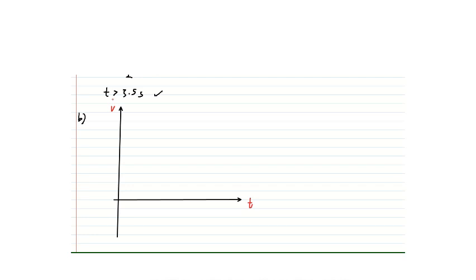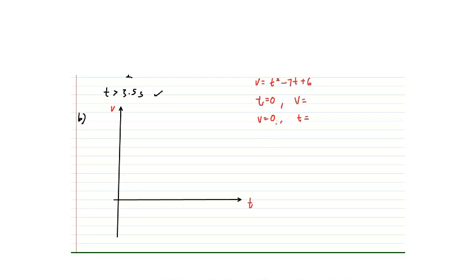Basically to sketch a graph, we have to find when t equal to 0, v equal to what, and when v equal to 0, what is the value of t, and then the minimum or maximum value. Here the function of v is t square minus 7t plus 6 as given in the question.